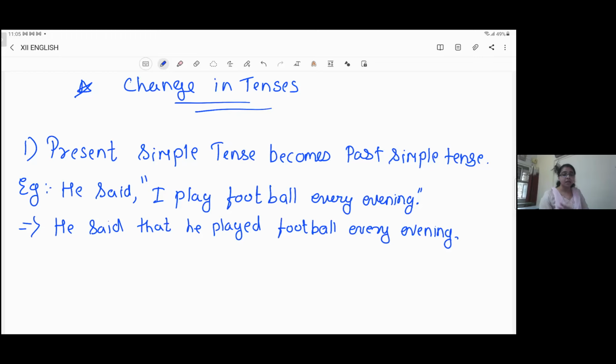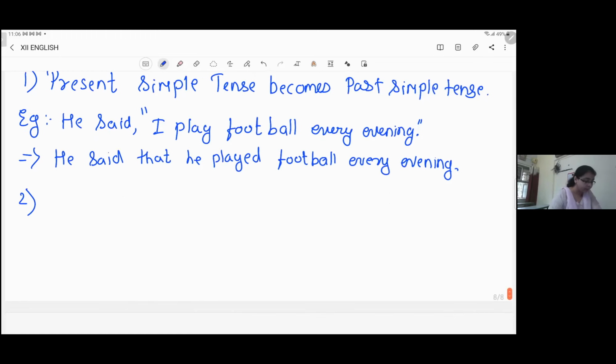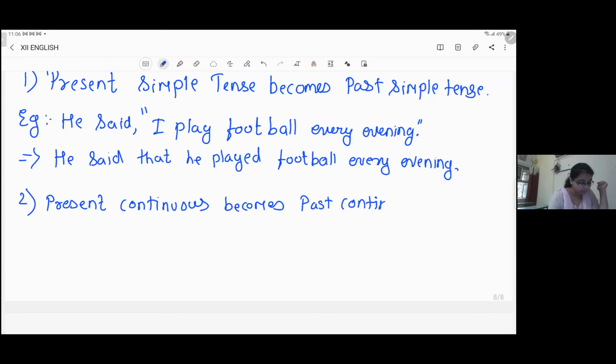This was the example for what? Present becomes past simple. Now you will write present continuous becomes past continuous. Clear? Write the example for this.